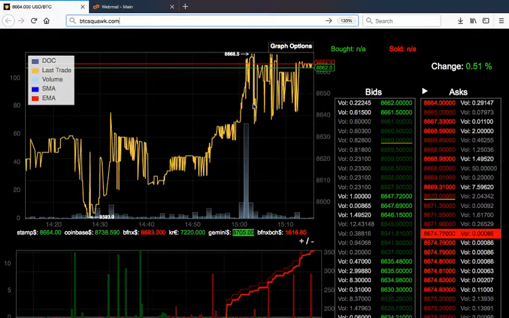Low 86 bid offered at 64. Oh God. That was good.